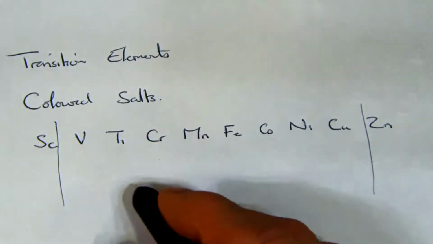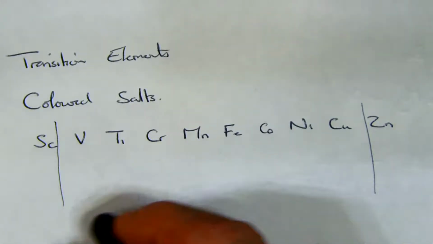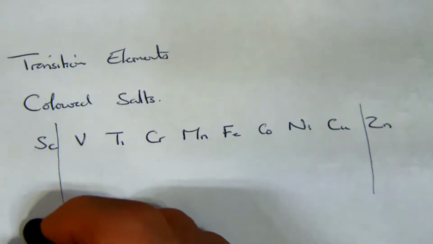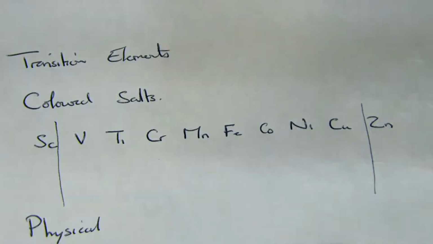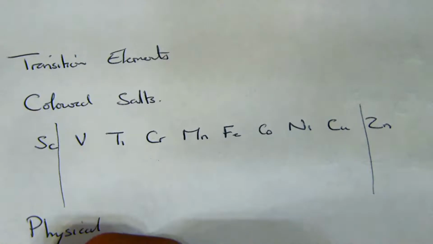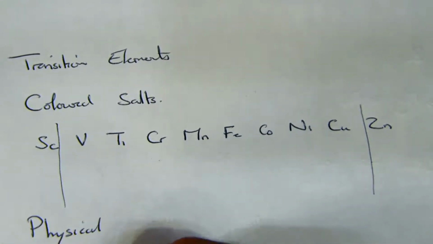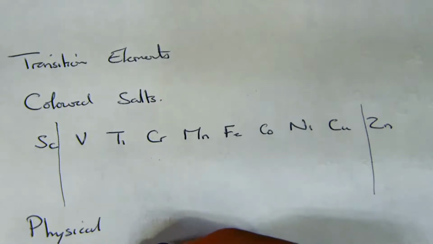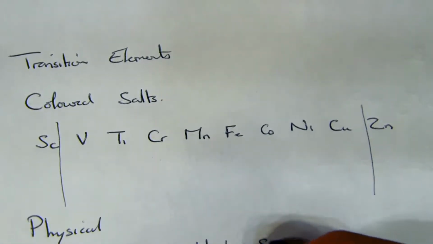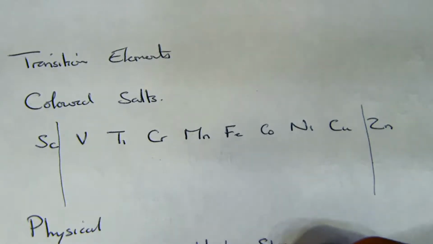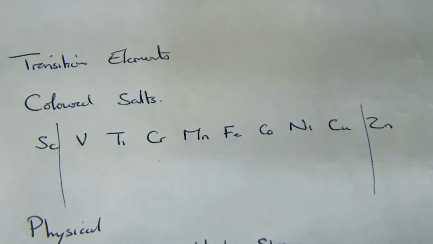We look at their chemical properties, and they are, well, let's look at physical properties first. The physical properties, they are, if you like, your typical metals. They're hard. And they're strong. They conduct electricity.